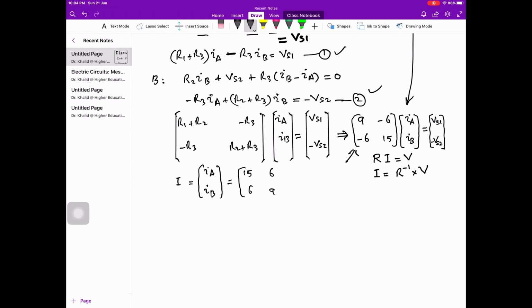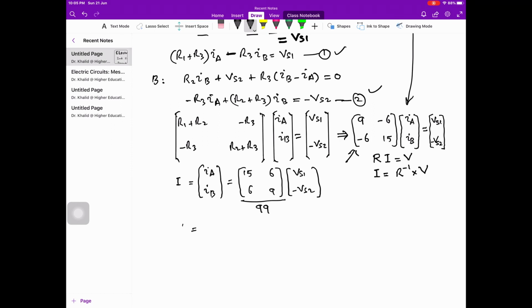I hope you will be able to recall quickly how to compute the inverse. This is the adjoint divided by the determinant, 9 multiplied by 15 minus 36. So 15 minus 36, this is 99, multiplied by VS1 and minus VS2.